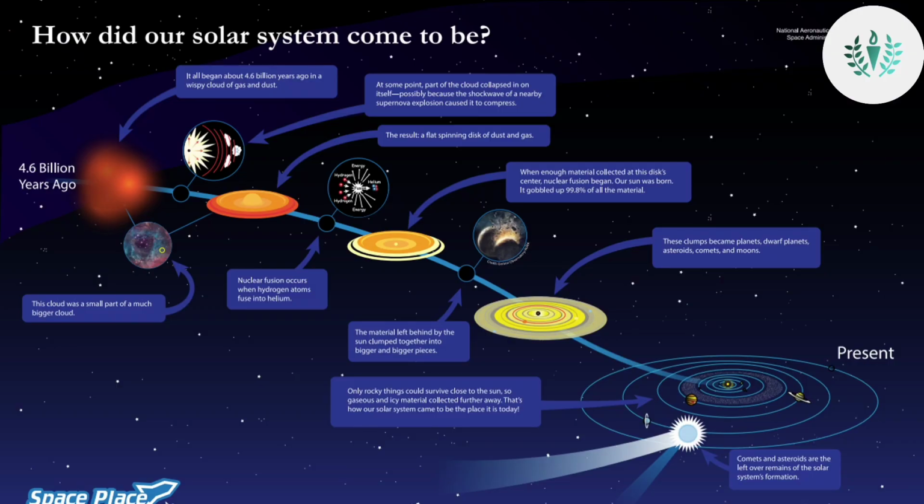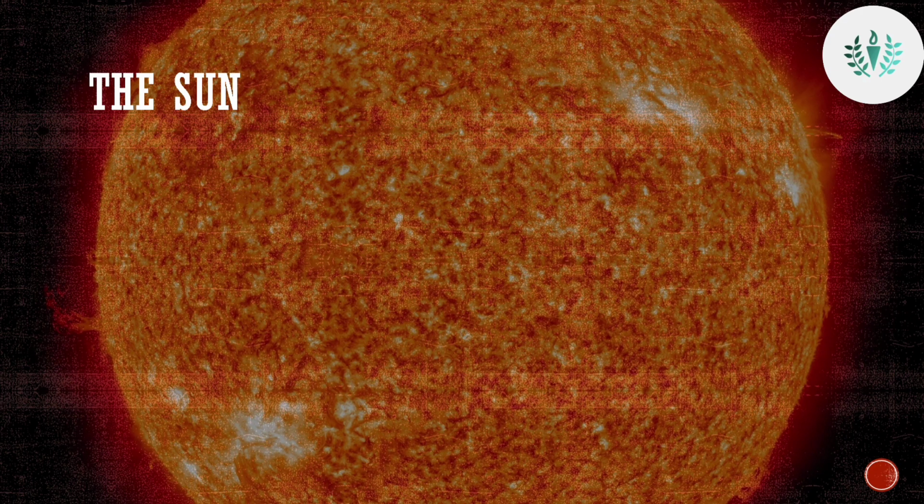Here you can see the pictorial representation of how our solar system came into being. It all started 4.6 billion years ago here at the starting point, and at the end, that is the present, our solar system is shown.